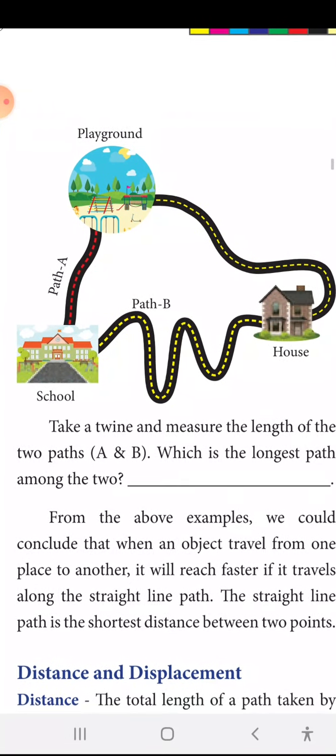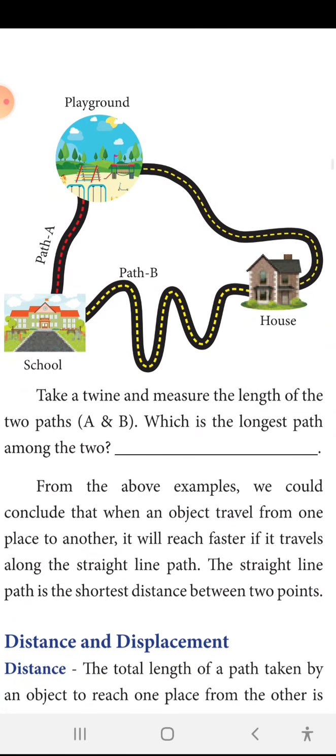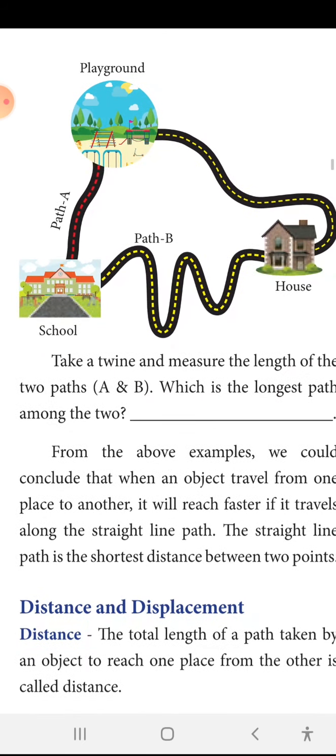In the diagram, you can see the house, playground, and school. Day by day, both friends go to school, then after school go to the playground, play, and then return home. This is the distance they are covering, the long path. The straight line path, the shortest distance between the 2 points, is called your displacement.